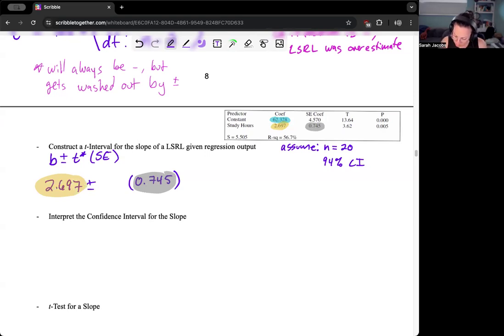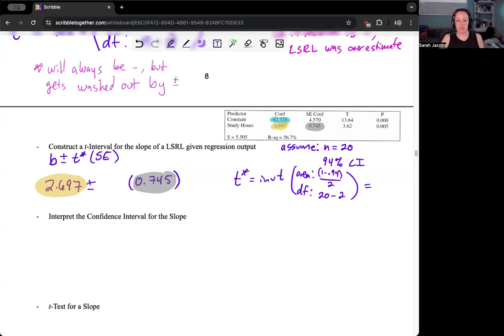So to get our t star, I'm going to use inverse t. I'm going to say that the area is 1 minus 0.94 divided by 2, and that the degrees of freedom is 20 minus 2, sample size minus 2.